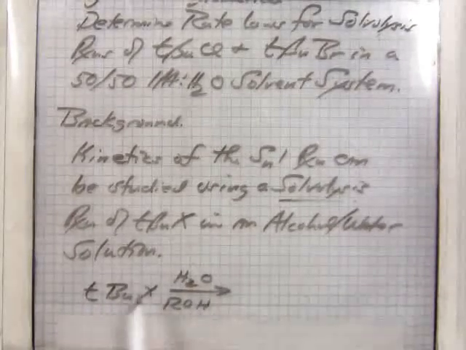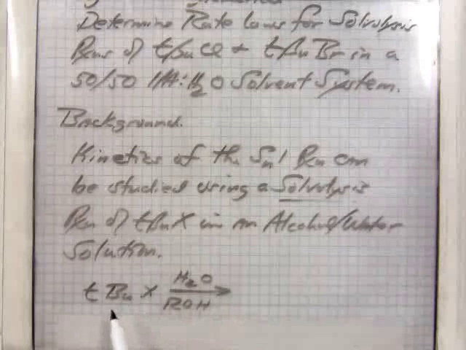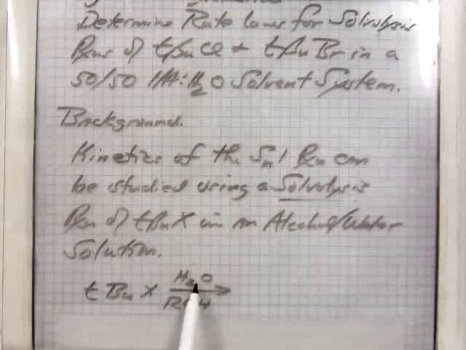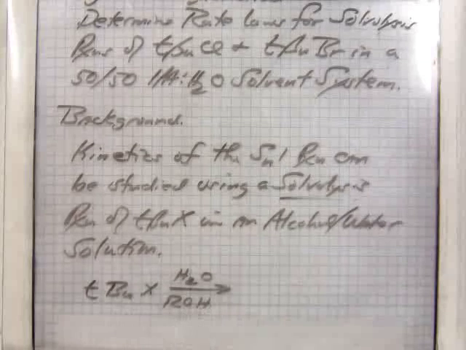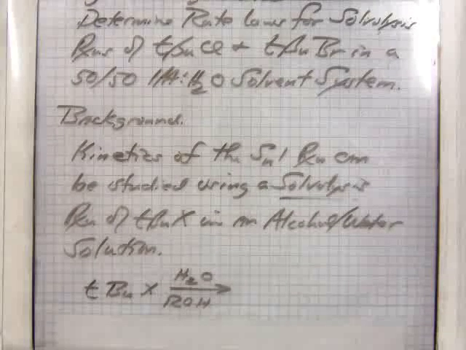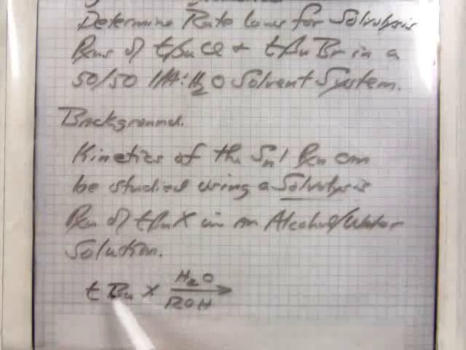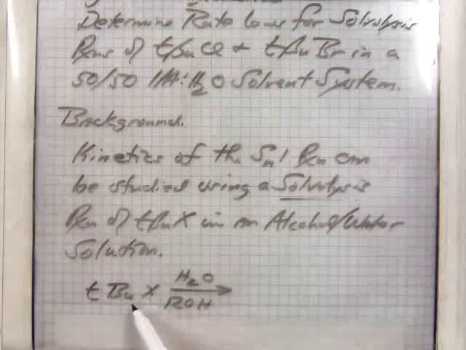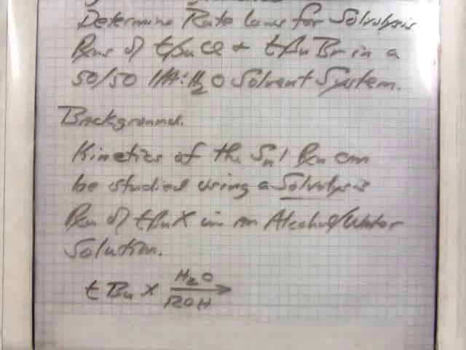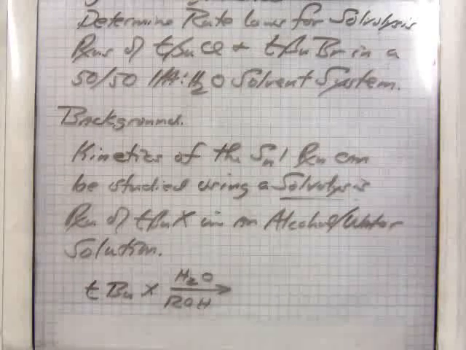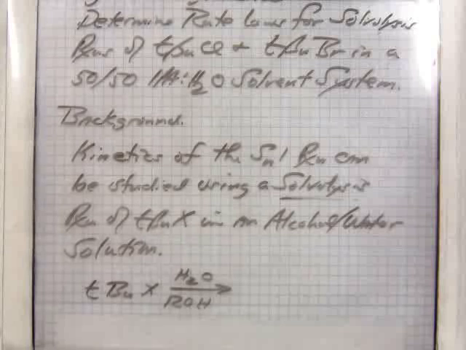Well, the reaction is actually between the T-butyl halide and water. The alcohol is there because the T-butyl halide is not soluble in pure water. It'll separate, it's an oil and water kind of thing. So by making a binary solvent, the T-butyl halide becomes miscible in that system, and then reacts homogeneously and uniformly in that solution.